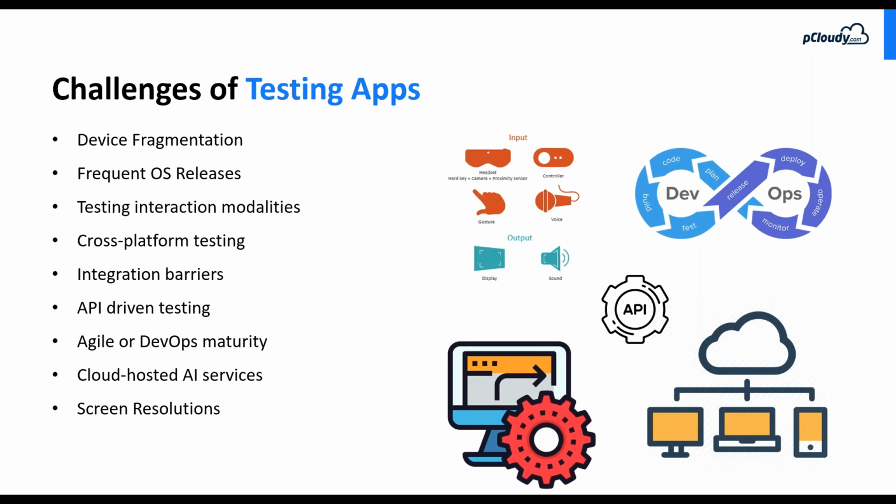So different screen resolutions is one of the key challenges, followed by security. These are some of the challenges which we have to consider when we are looking at mobile application testing.